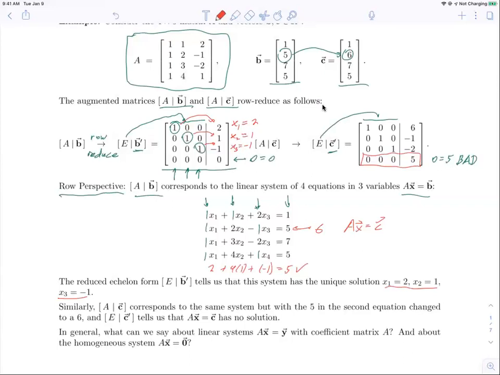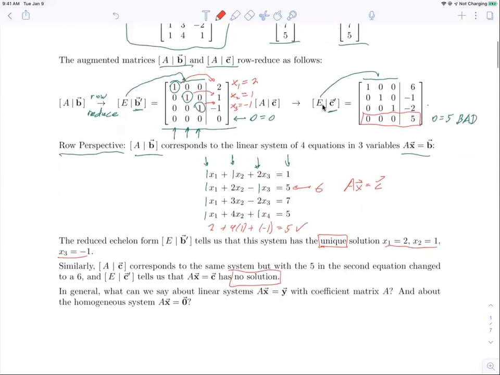Okay, so you guys are all comfortable with that. In one case, we get a unique solution. I should stress that there are no free variables; every column is a pivot column. So we get one and only one solution. And if we augment with C, we get an inconsistent system with no solutions.